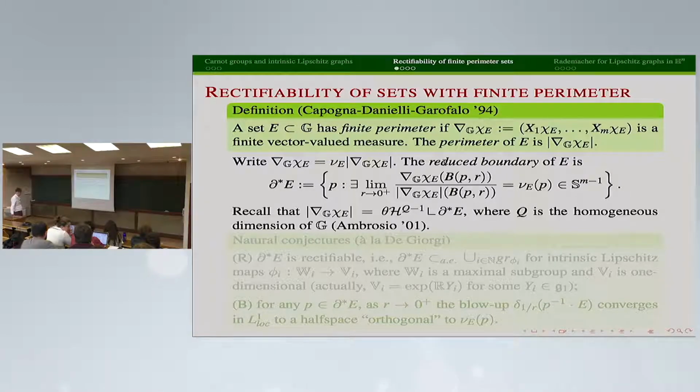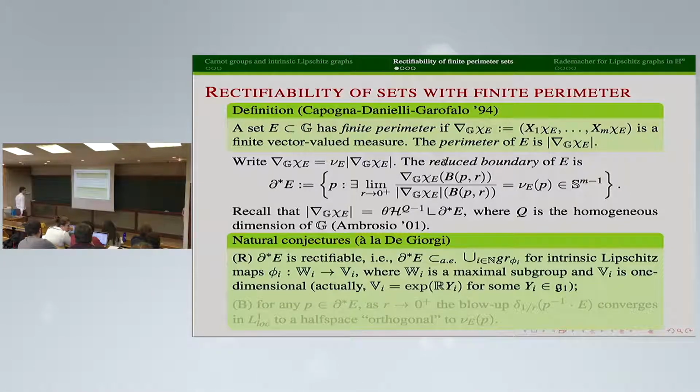Okay, so following De Giorgi's approach to this problem in Euclidean R^n, there are at least two natural conjectures. The first one, the one I'm interested in, I call R, which stands for rectifiability. We would like to prove that the reduced boundary is rectifiable.